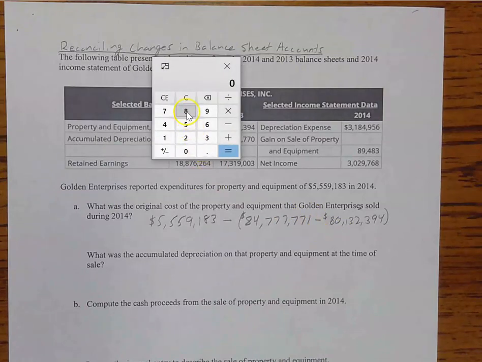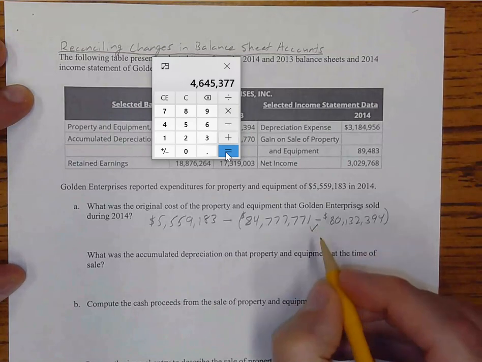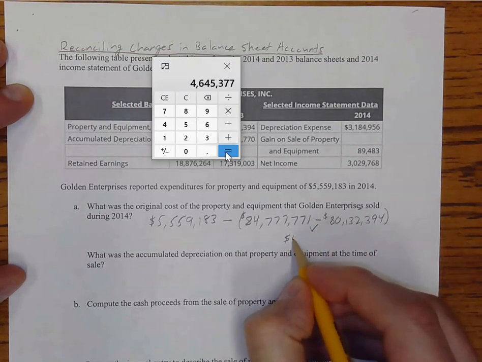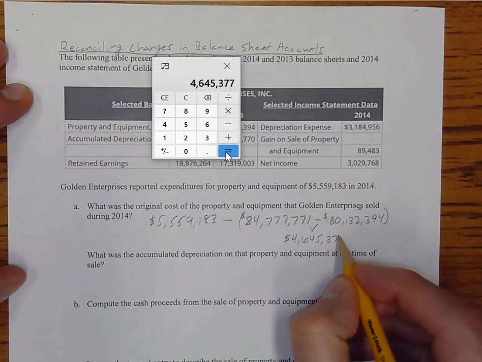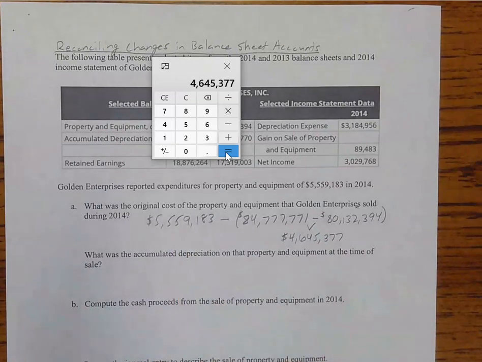I'm going to start right here: 84,777,771 minus $80,132,394 equals $4,645,377.